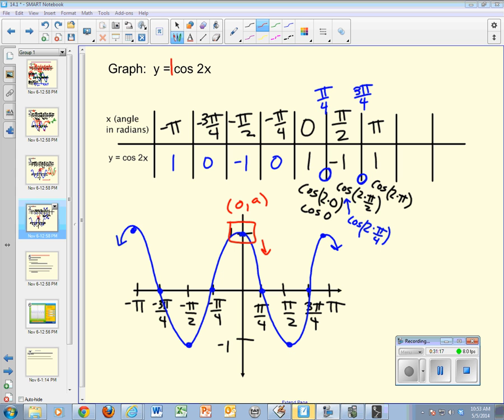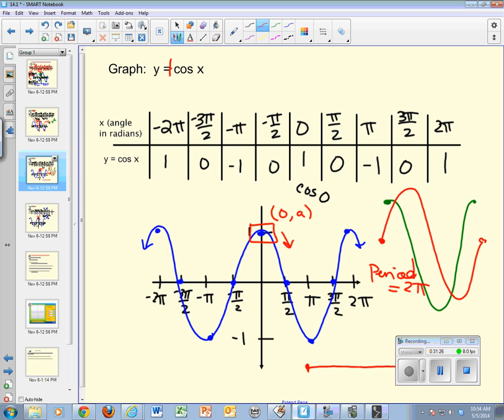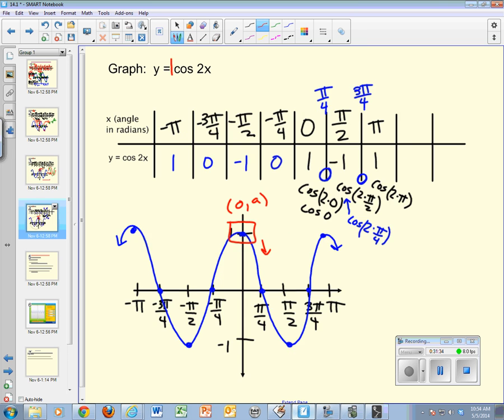Now the question is, this looks exactly like the graph that we had last time in the last slide. Same shape, right? But in that one, that was just the cosine of x. It went out to 2 pi and to negative 2 pi. In the one that we just graphed, it only went out to pi and negative pi to have that same shape. How do we figure that out?